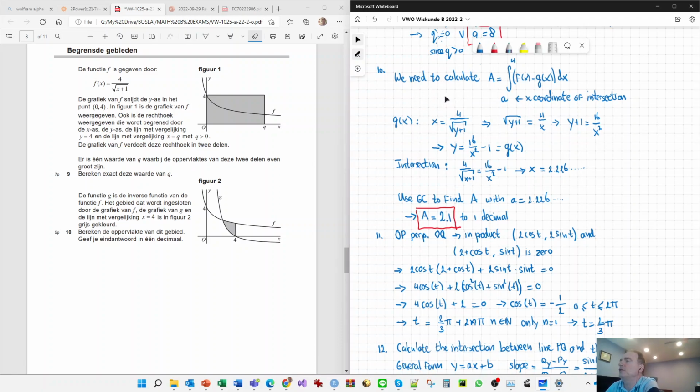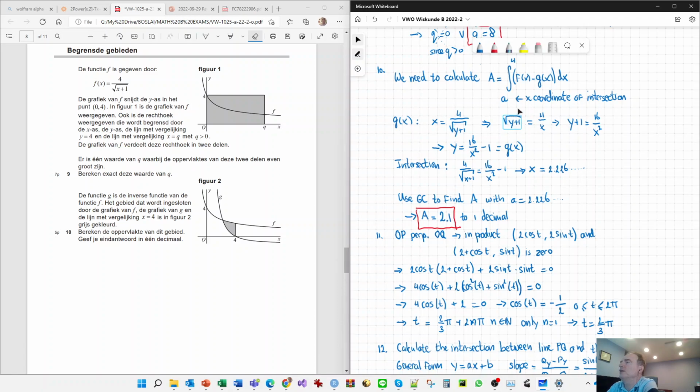the inverse, and you do that by flipping y and x here and isolating y. So x is equal to 4 over the square root of y plus 1. Rewrite it a little bit.